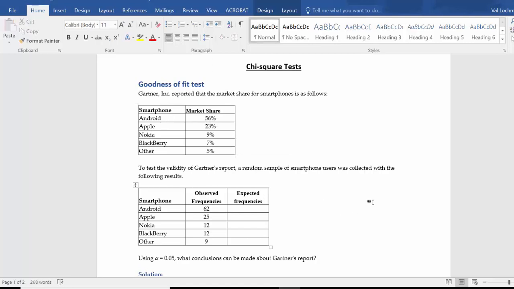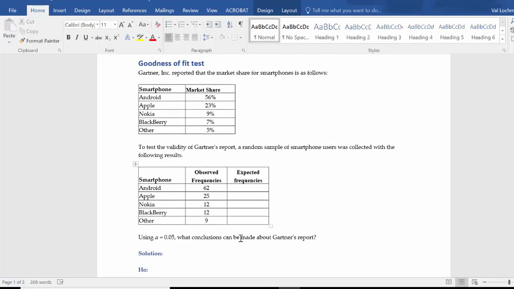What is the goal of this problem? The goal is to collect a sample, and we have a sample right here, and test if these numbers agree with the report given by the company. In general, we want to see if the observed frequencies follow a known distribution, and in this case, it's the report by this company.